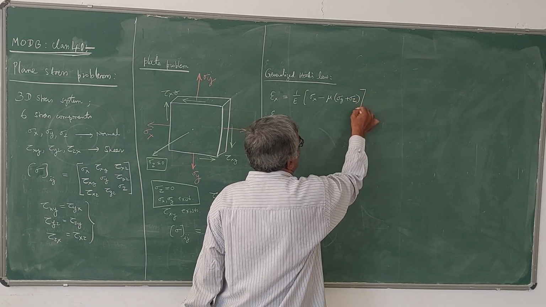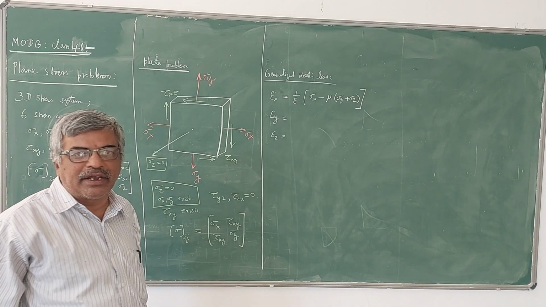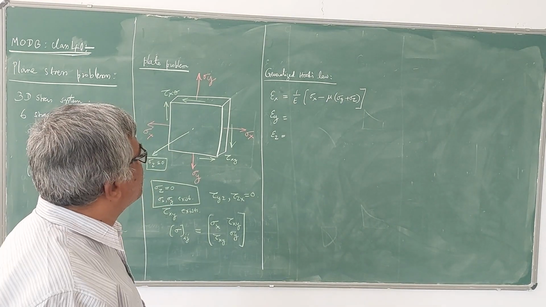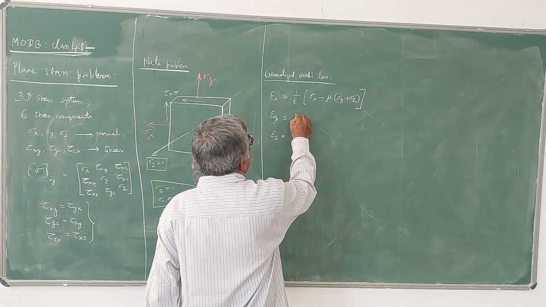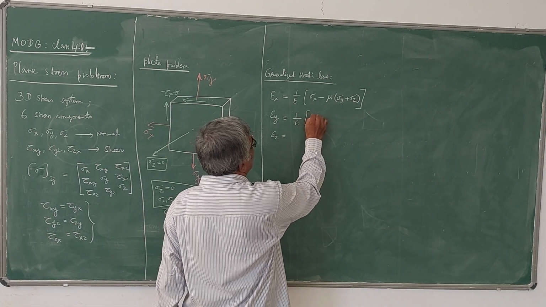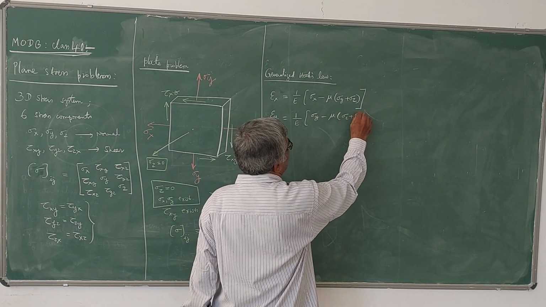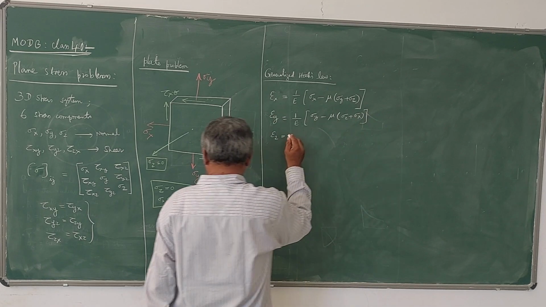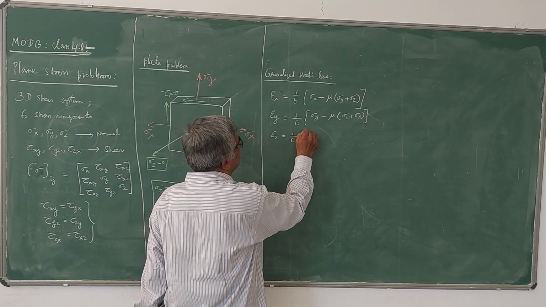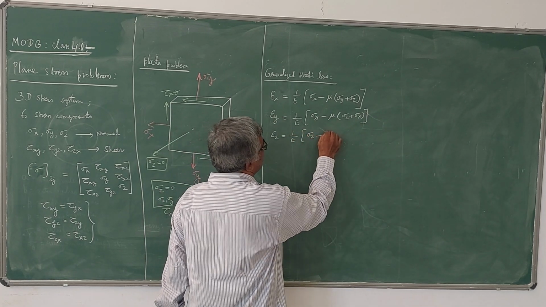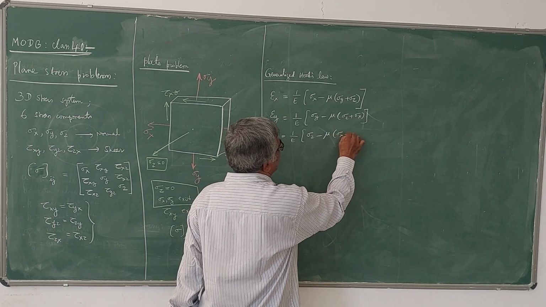Please note that here E is the Young's modulus of the material of the plate and mu is the Poisson's ratio of that material. Epsilon y is 1 by E into sigma y minus mu times sigma z plus sigma x, and the third one, epsilon z, is 1 by E into sigma z minus mu times sigma x plus sigma y.